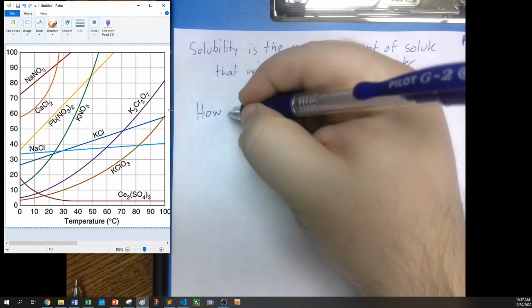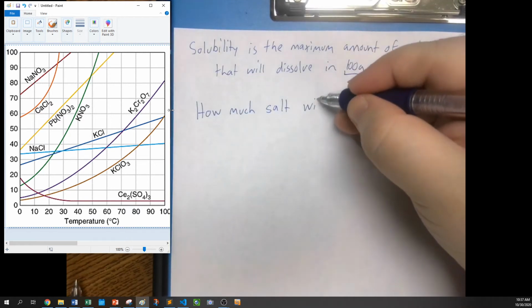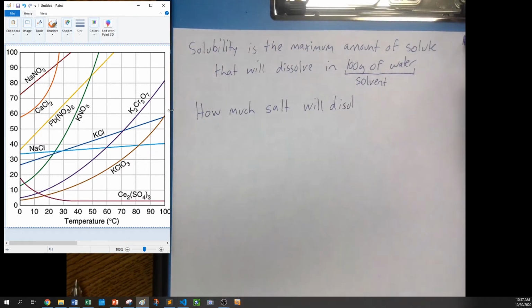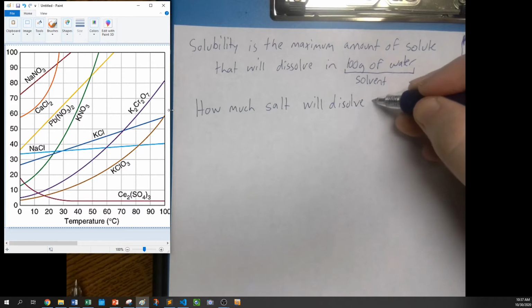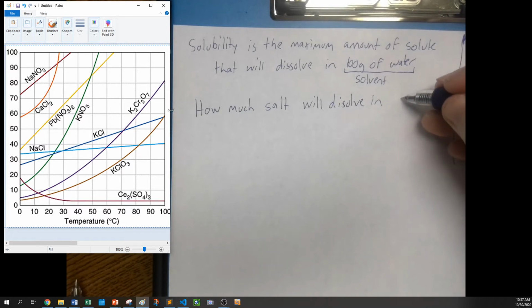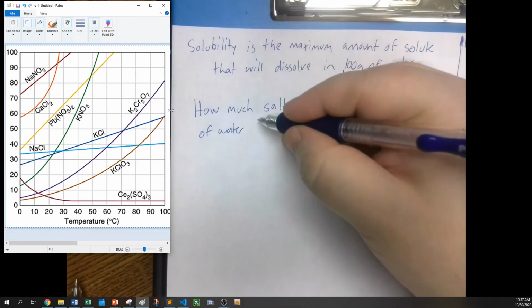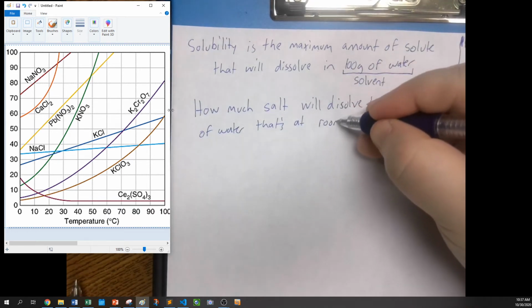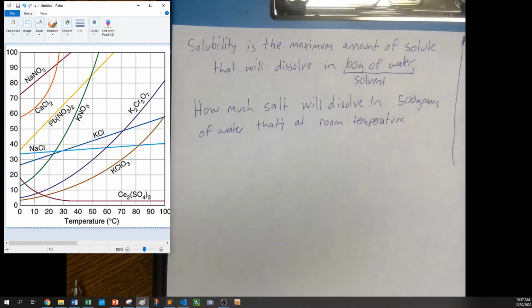So how much salt will dissolve in 500 grams of water that's at room temperature?